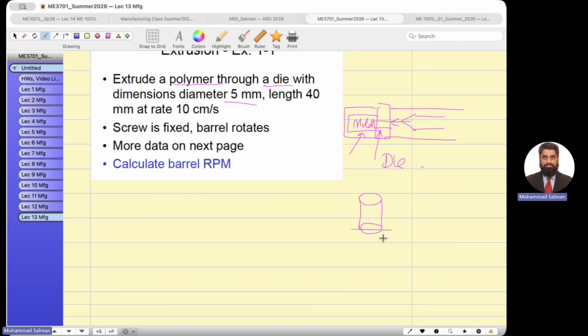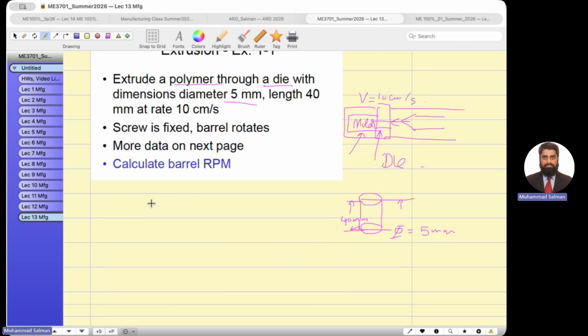The diameter of the cylinder is equal to 5 millimeter, and the length of the cylinder is given, and the injection velocity is 10 centimeter per second.